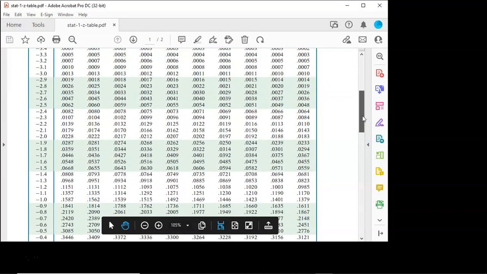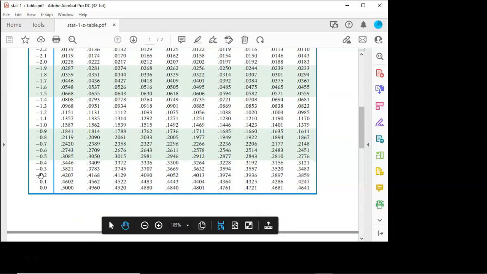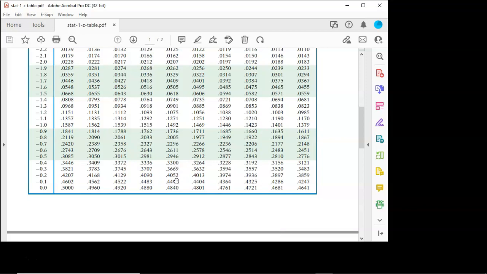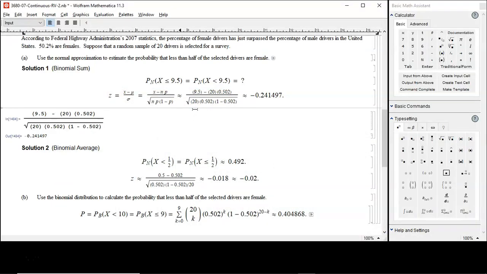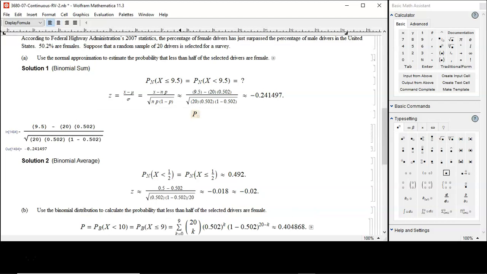Negative 0.24, negative 0.2, 0, 1, 2, 3, 4. So 0.4052. See that? 0.4052. Therefore, the normal approximation of this probability, which, oh, it's already here.